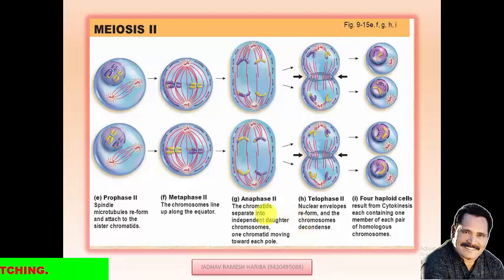Then when this anaphase second completes, the cell undergoes the telophase second. Here in telophase second, the nuclear envelope or nuclear membrane starts to appear, and chromosomes decondense in this phase, that is the telophase second.